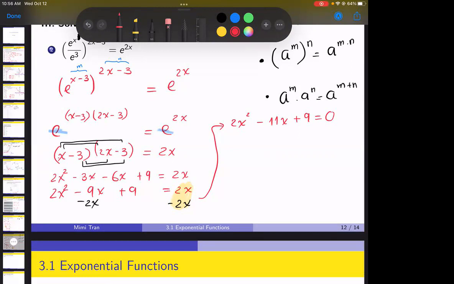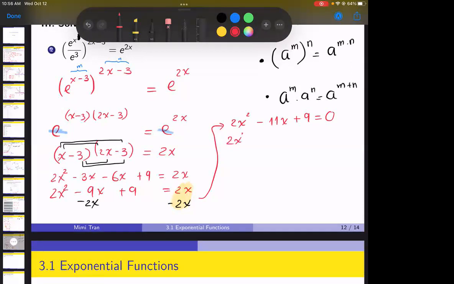18 and 11. Product is 18 and then sum is negative 11. Find two numbers. 18, so 1, 18, no, 2, 9. Yeah. 2, 9, right? Maybe 2, 9. So do you guys remember factoring?